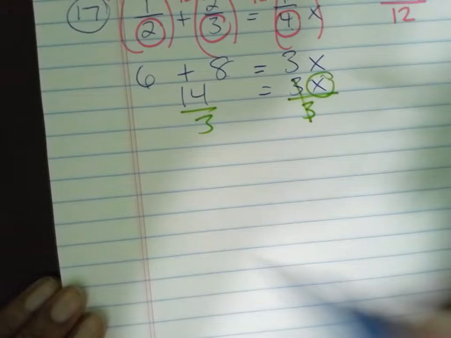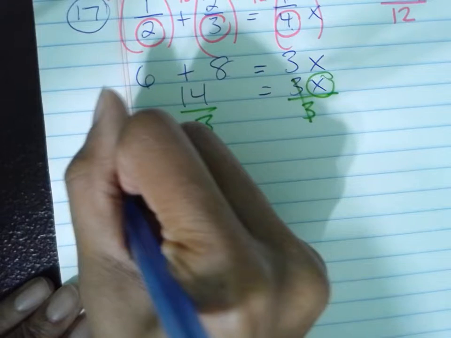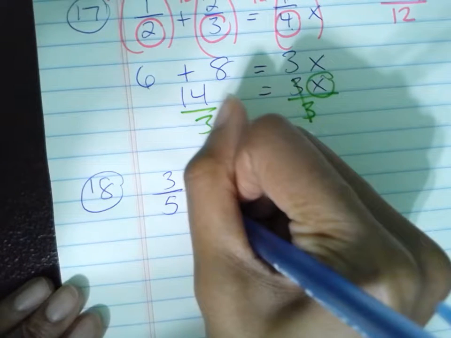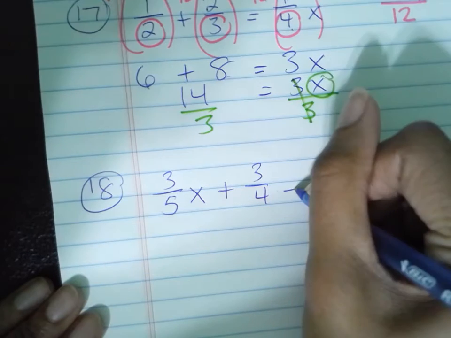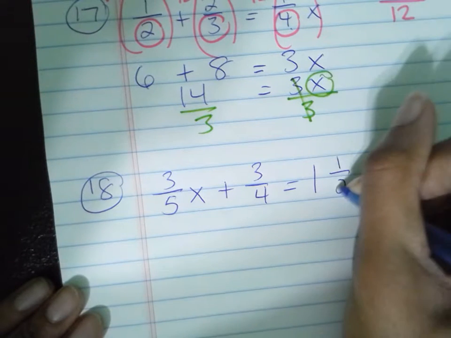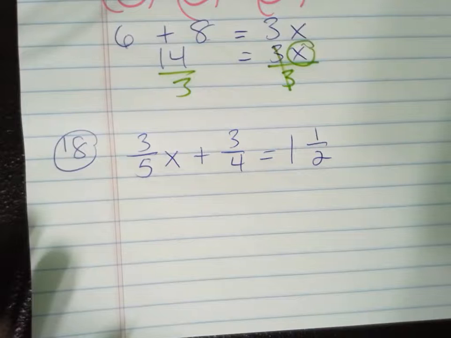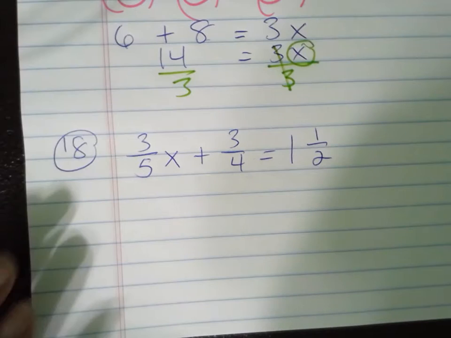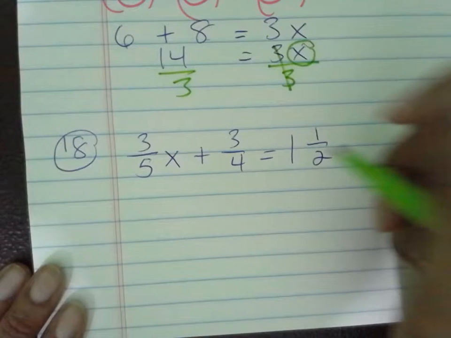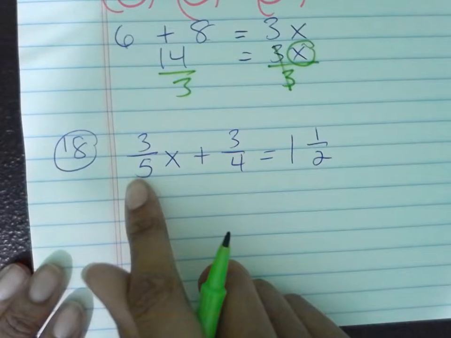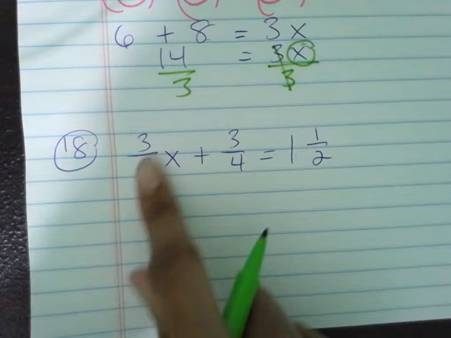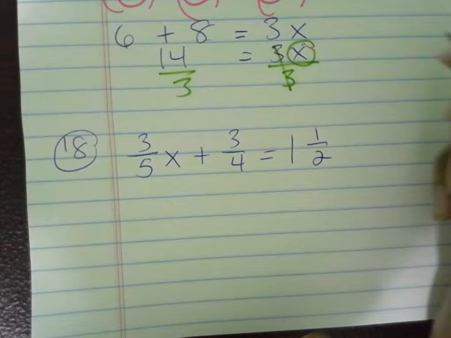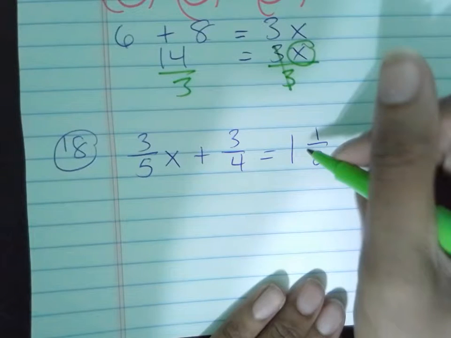We have 3/5 x plus 3/4 equals 1 and 1/2. Before I do anything, I am going to change this. Mixed numbers are not helpful if everything else is not mixed numbers, so I'm going to change this into an improper fraction.